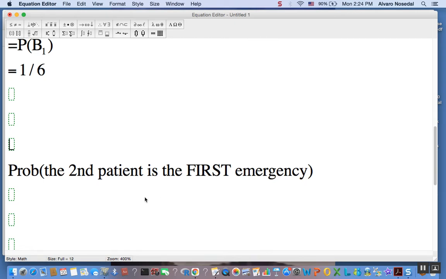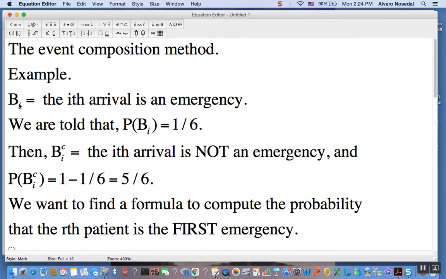So again, we are going to try and express this event, the second patient is the first emergency case, in terms of the B_i's. If the second arrival will be our first emergency case, what that means is that B1 was not an emergency, and then B2 is the emergency.